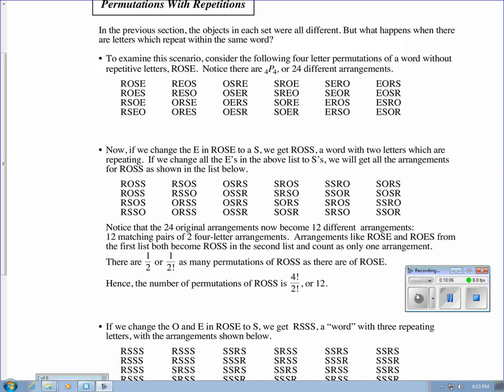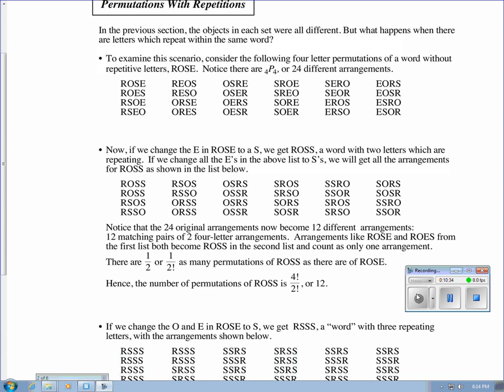So the book has done some nice drawing out for what happens when we have letters that get repeated. The word rose doesn't have any repeated letters, and actually we haven't had repeated letters. But if rose becomes Ross, then we have problems. We end up with repeated letters. And what we've shown is all the different arrangements. There are 24 different arrangements if the letters are all different.